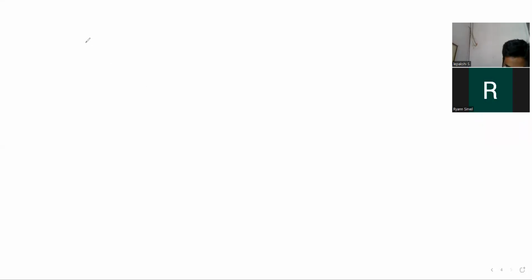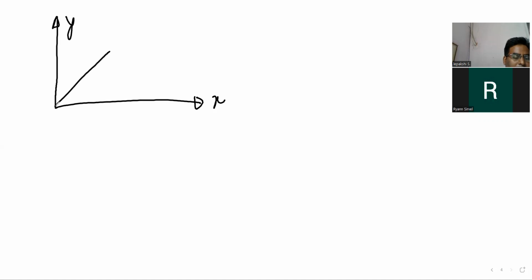See the next point or graph. Suppose this is your x-axis, this is your y-axis. This is the position vector, which is denoted by P, right? And it is changing position from P to P1, right? And there is some change in the resultant that is given by delta R1.